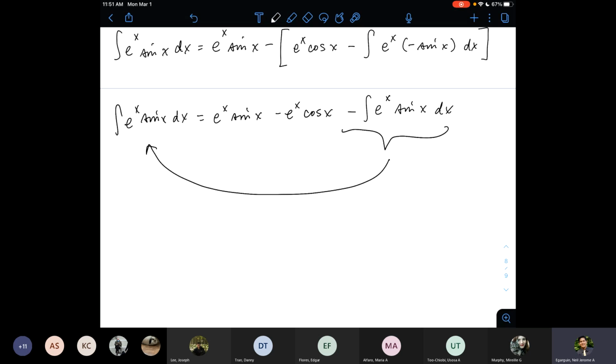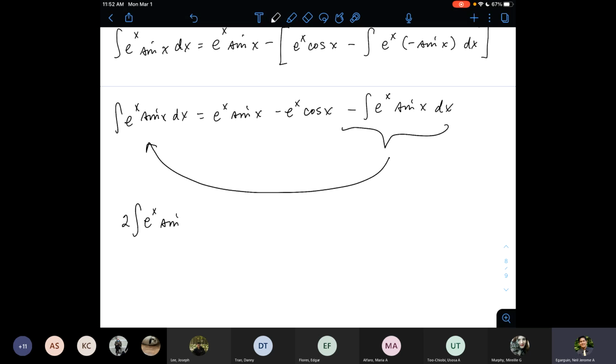So I can add to both sides the integral of e to the x sine x. So that will have 2 times the integral of e to the x sine x dx over here equals e to the x sine x minus e to the x cosine x over here. And then since we're solving for the integral of e to the x sine x, I'll simply divide both sides by 2 to get this.